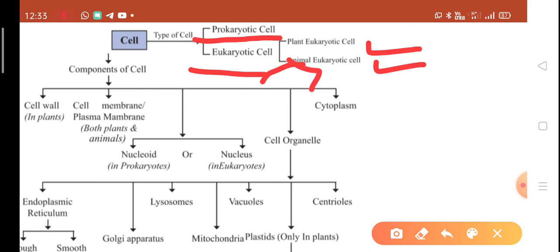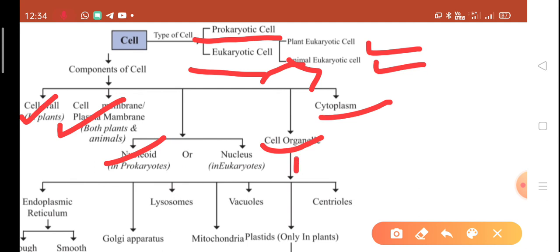Okay, now the components of the cell. What is in this cell? Means which things does the cell consist of. So a cell consists of cell wall, cell membrane, nucleus or nucleoid, cell organelles, and cytoplasm.